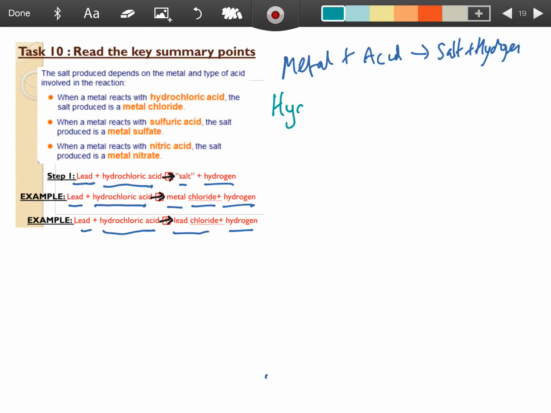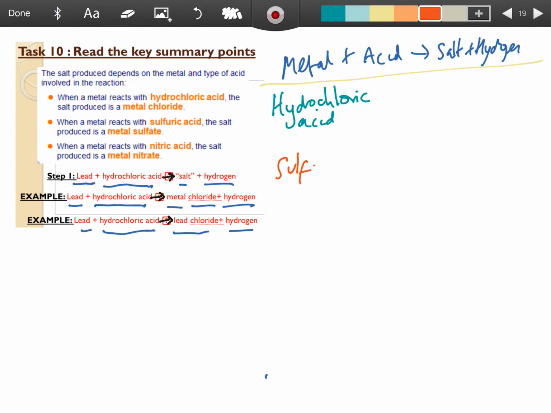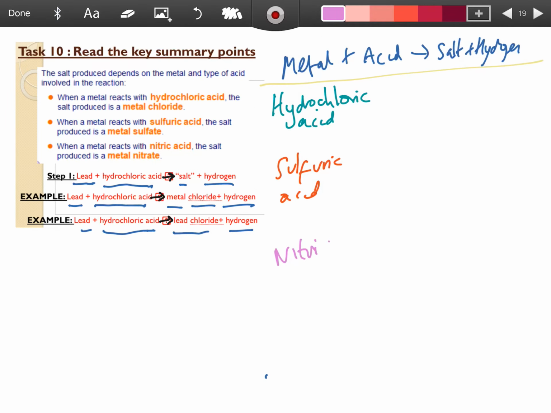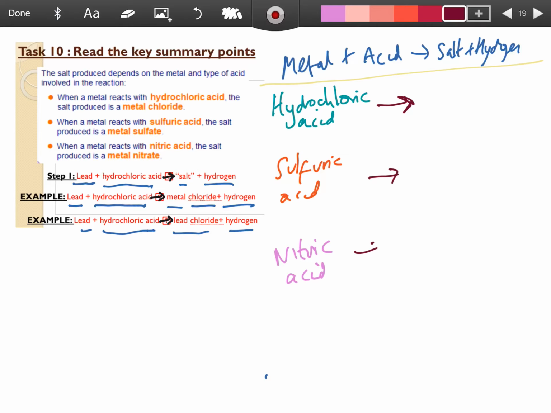There are 3 acids you will be using. You will be using hydrochloric acid. You will be using sulfuric acid. And you will be using nitric acid. They make the names of different salts. Okay, so they make salts.